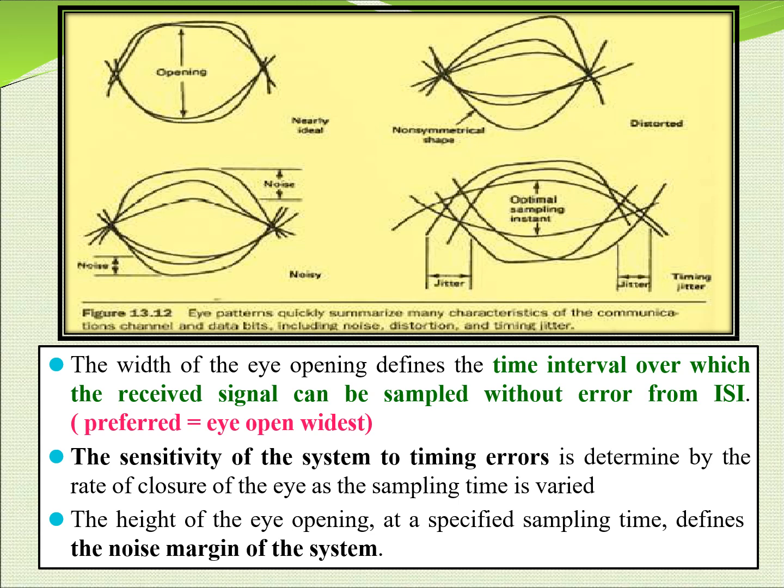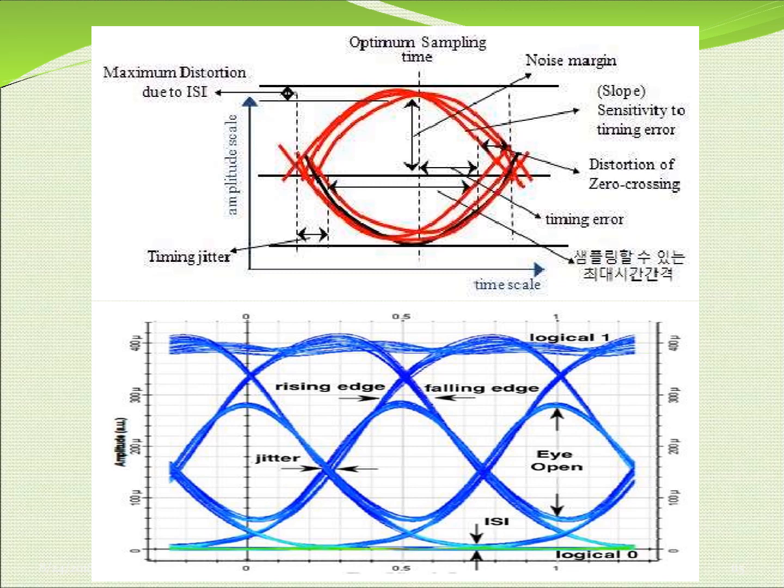Here the width of the eye opening defines the time interval over which the received signal can be sampled without error from ISI, and the sensitivity of the system to timing errors is determined by the rate of closure of the eye as the sampling time is varied. The height of the eye opening at a specified sampling time defines the noise margin of the system. So this is an interpretation of an eye diagram.